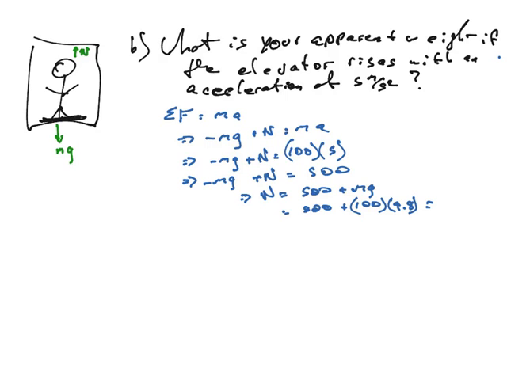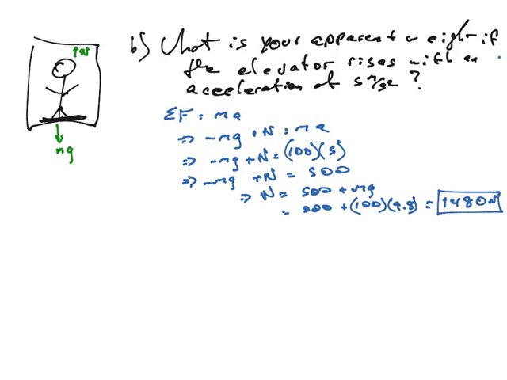So my normal force, my apparent weight, the thing I'm searching for, is 500 plus 980. That's 1480. This says the weight scale would say I weigh 1480 newtons.